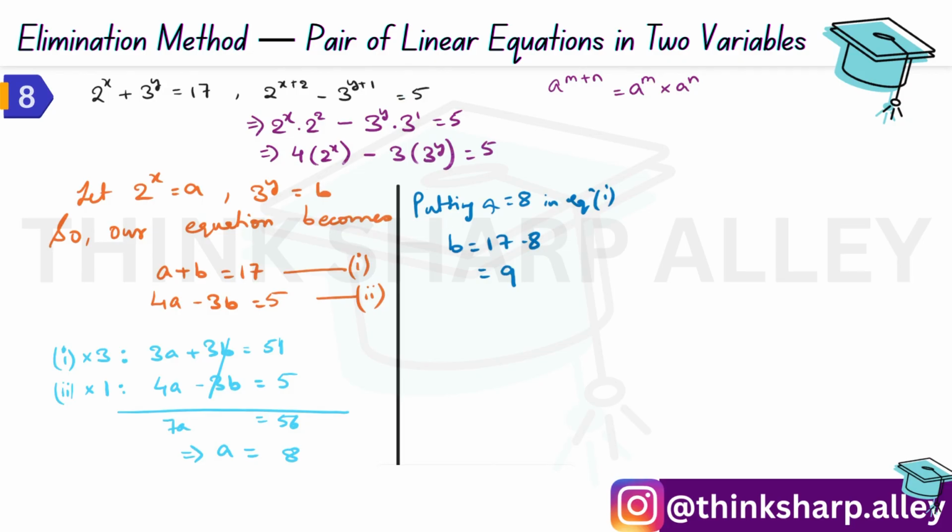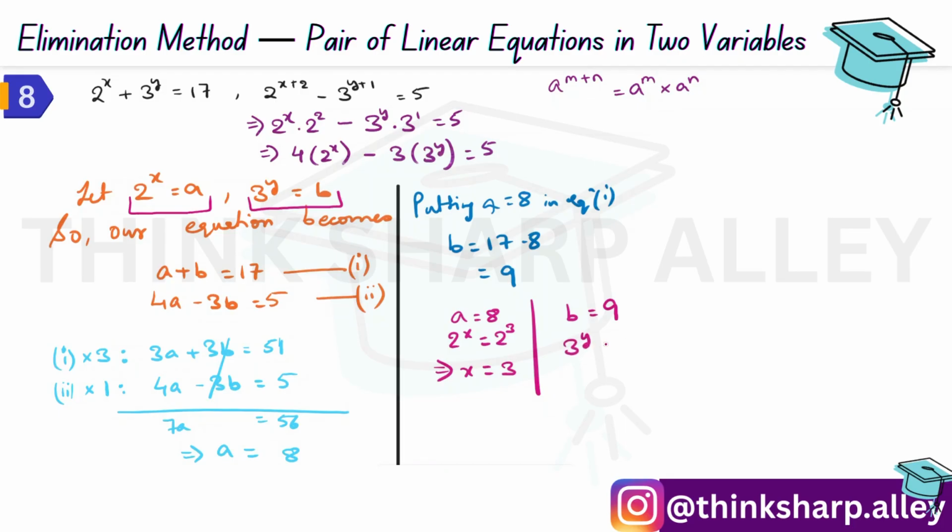Now we have to find the values of x and y. So I have now a equals to 8. So a was 2 to the power x, so 2 to the power x is equal to 8, which is 2 to the power 3. So if the bases are same, powers will also be same. So x is equal to 3. And we have b equals to 9. What was b? b was 3 to the power y.